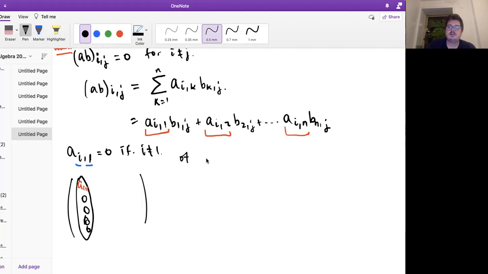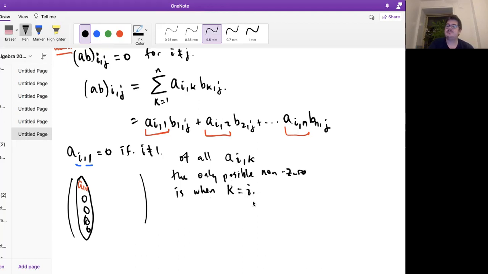So of all the aik, the only possible non-zero is when k is equal to i, right?